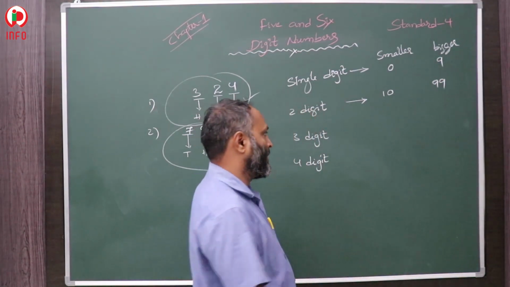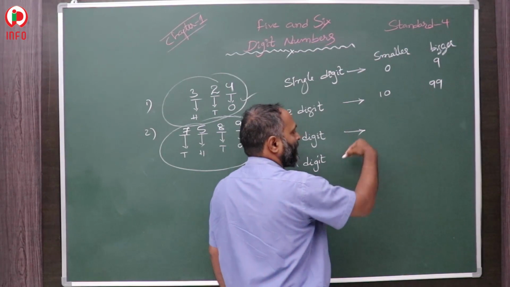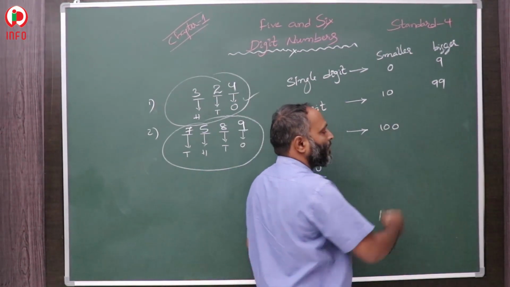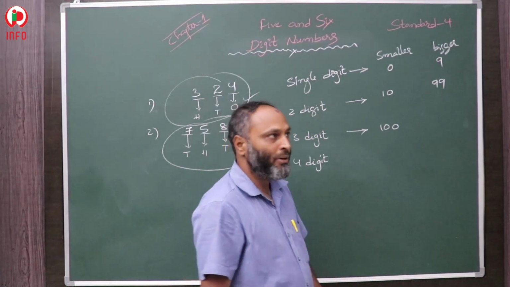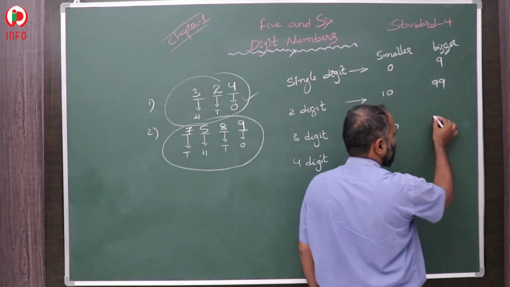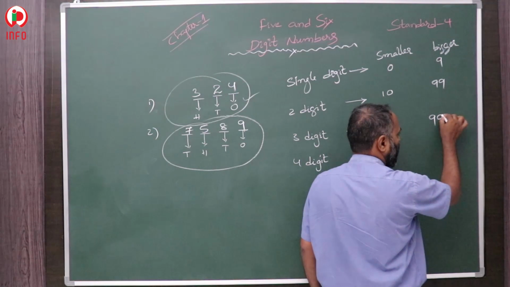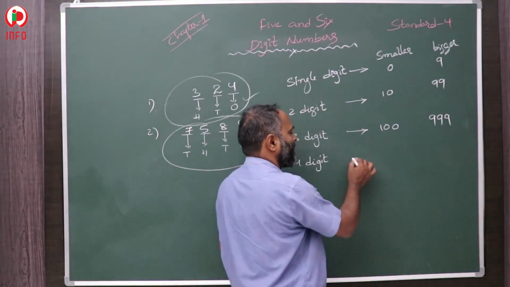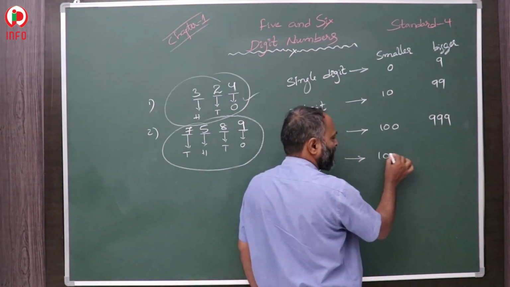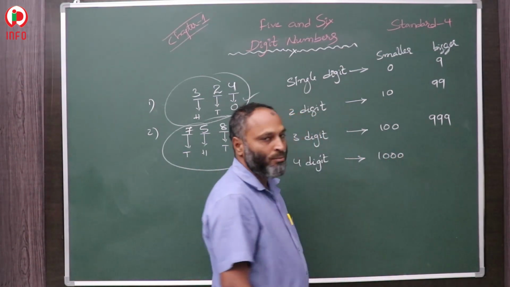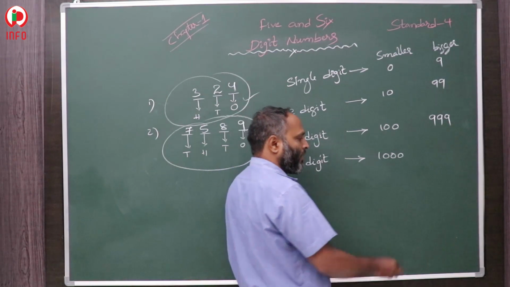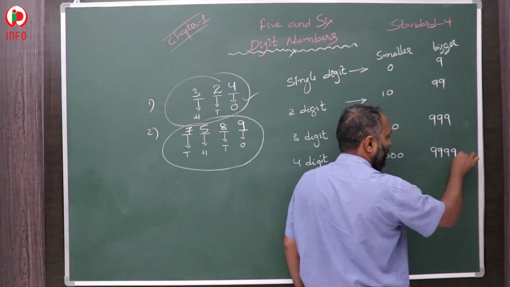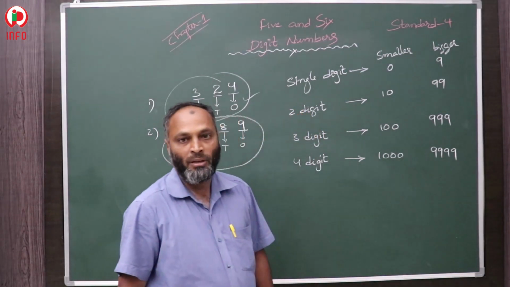In 3 digit numbers, the smallest number is 100 and the biggest or largest number is 999. In 4 digit numbers, 1000 is the smaller number and 9999 is the bigger number.